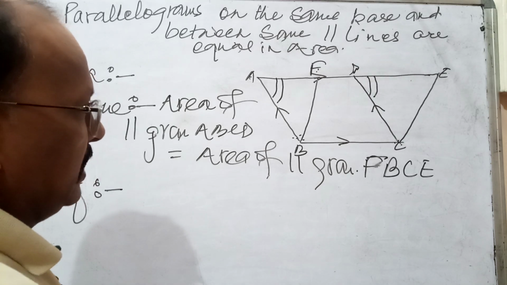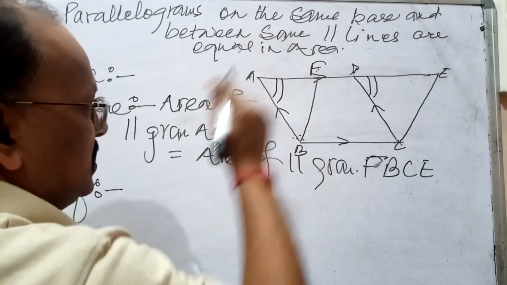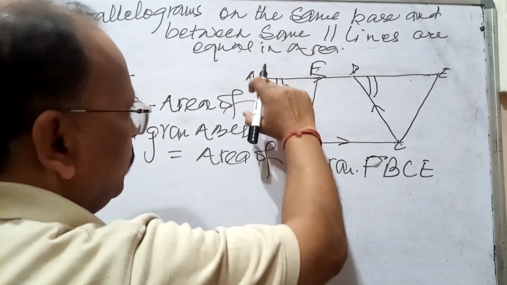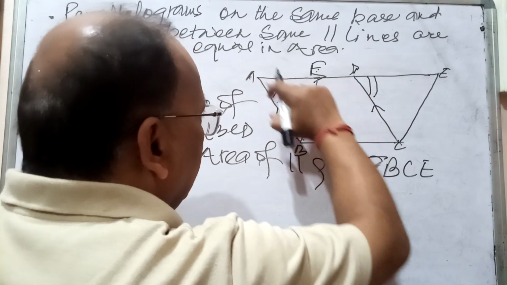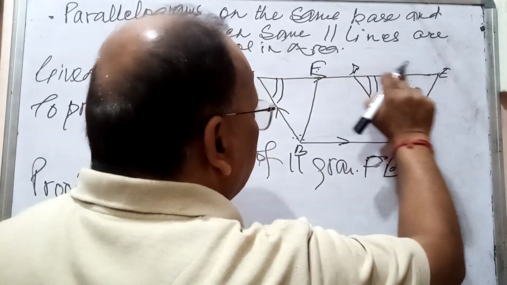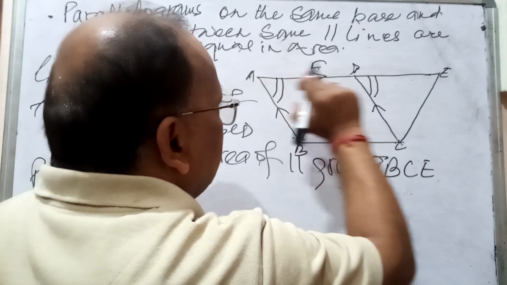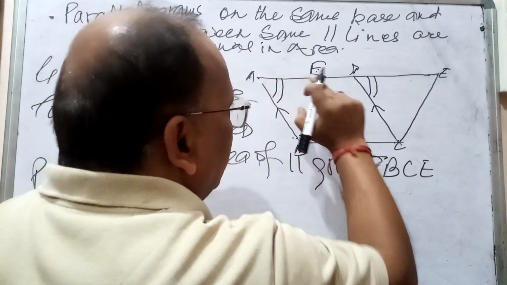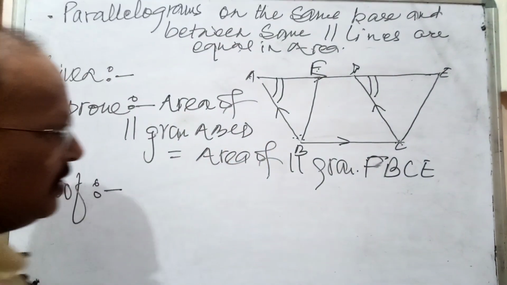First you should write that since AB is parallel to DC, and AE is a transversal line, therefore angle BAE, or angle BAF, equals the corresponding angle CDE.